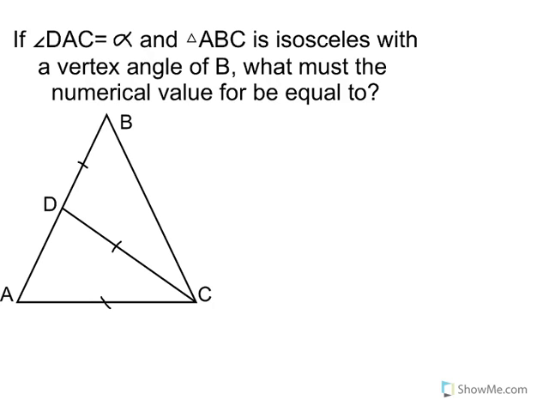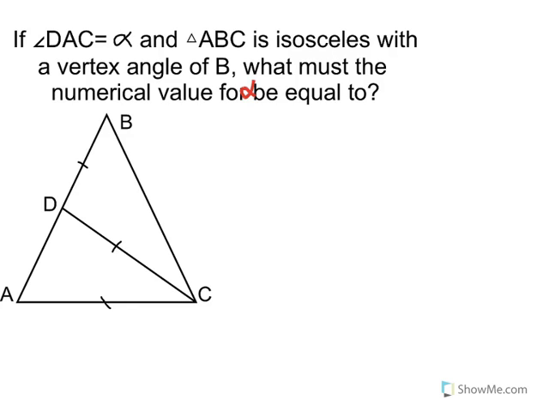So our second example says, if angle DAC is equal to alpha and triangle ABC is isosceles with a vertex angle of B, what must the numerical value for alpha be equal to? So what that means is we're trying to solve for alpha. So we need to be able to develop some kind of equation that involves alpha so we can solve for it, just like if alpha was x.